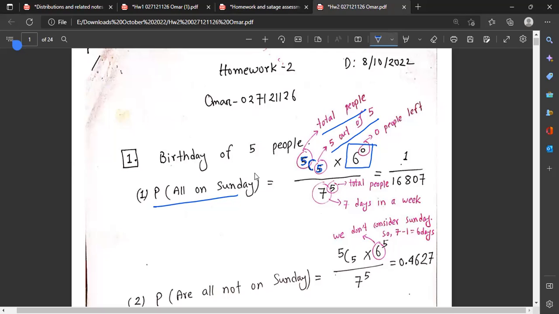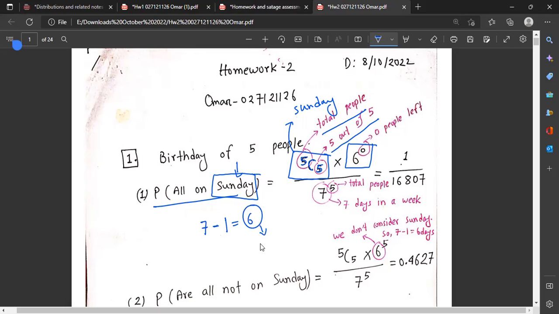Because we have already taken Sunday. So we had 7 days, and now we have taken Sunday here. 5C5 is for Sunday. So we have taken 1 day from the week, so it will be 7 minus 1, that is 6.